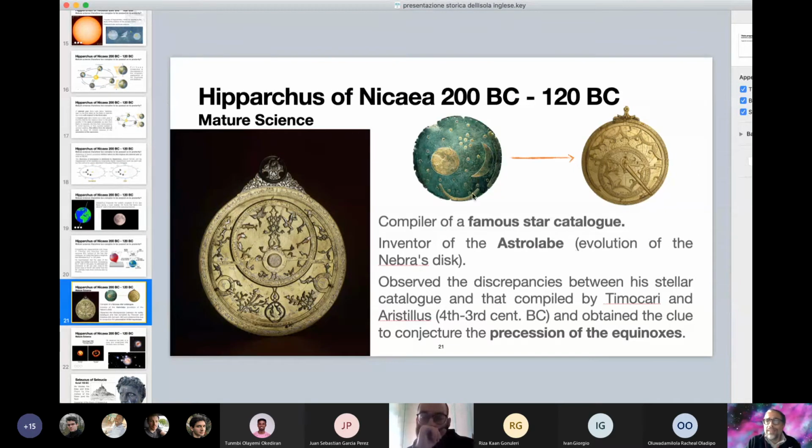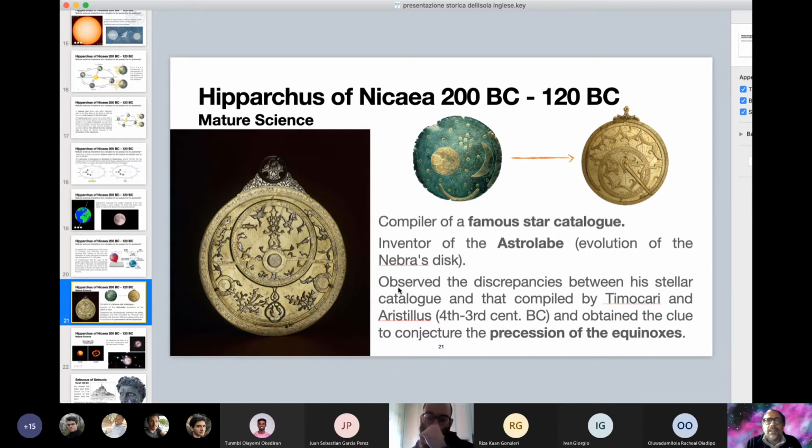Hipparchus was a compiler of a famous star catalog, but he also invented the astrolabe, which is the final evolution of the nebra disk. Thanks to an astrolabe, he could place the stars and the planets at their place in every moment, estimating all angles which could be estimated from his latitude and longitude.